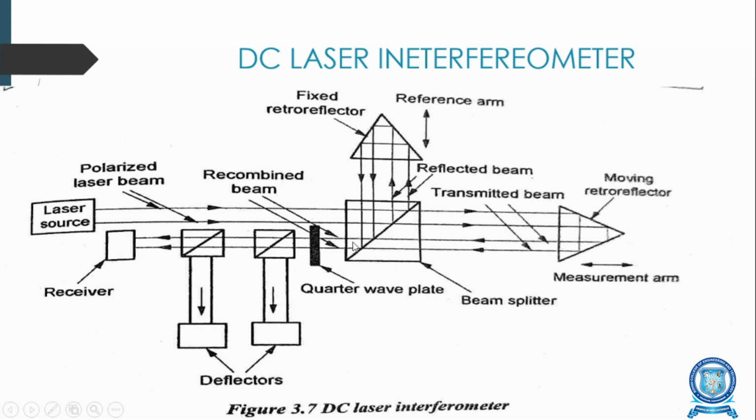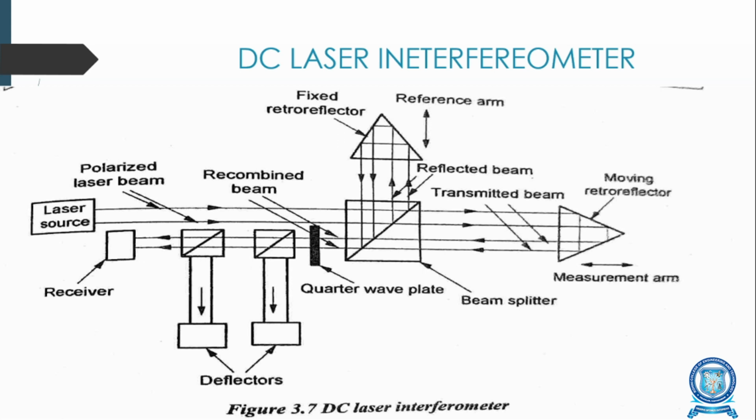There's a beam splitter, which is used to split the single beam into two beams, a recombined beam, a quarter wave plate, deflectors and a receiver. These are the parts in the DC laser interferometer.